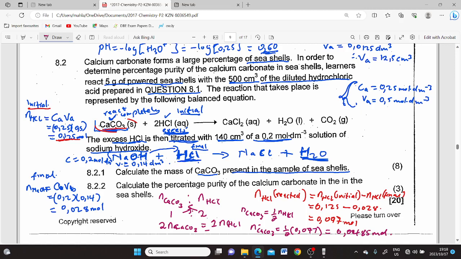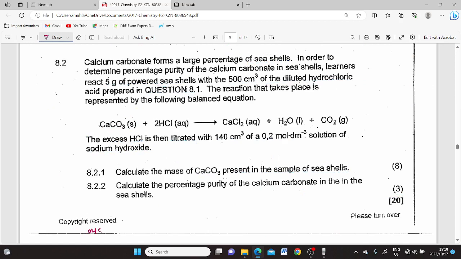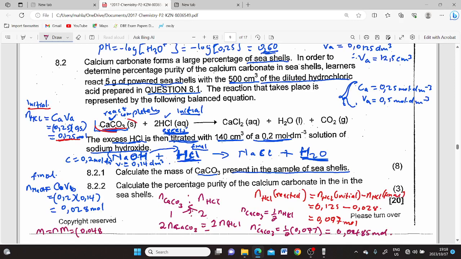Now we can get the mass, which equals number of moles multiplied by the molar mass. The number of moles is 0.0485, multiplied by the molar mass of calcium carbonate, which is 100.